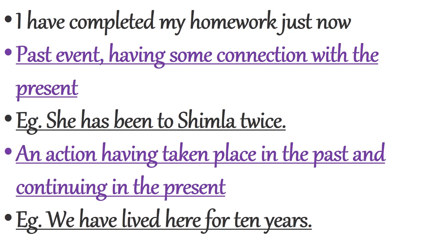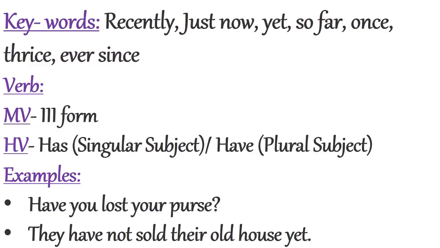So this action has taken place in the past, but still it is continuing. The keywords which are used in this tense are recently, just now, yet, so far, once, thrice, ever, since, etc.